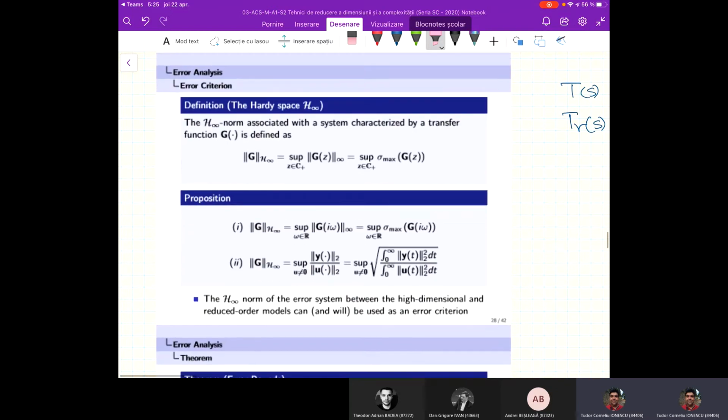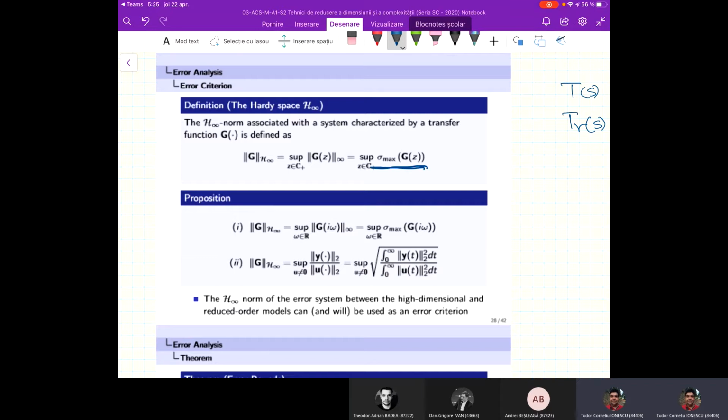This is how we are going to do it. We are going to do the error analysis, and we are going to use the Hardy H infinity norm. The H infinity norm associated with a system characterized by a transfer function G is the supremum over all values of z in the open right half plane of the maximal singular value of G of z.